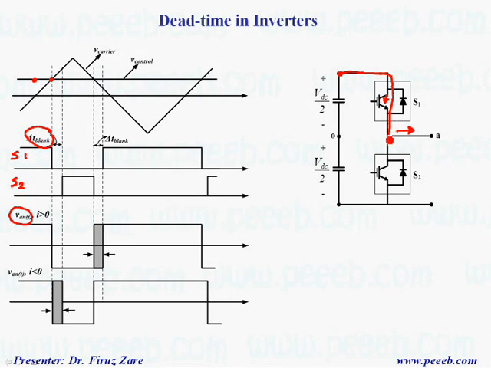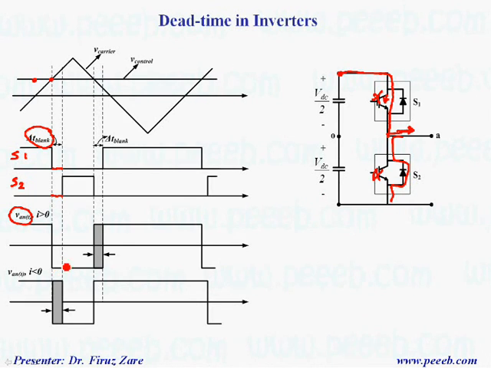So in this case, what happens? When we switch off, because the load current is continuous, the current passes through this diode. Because the current is positive, it passes through this diode. Here we can see that because we switch it off at that point and none of the switches are on, there is no gate signal. So because the current is positive, this diode conducts.